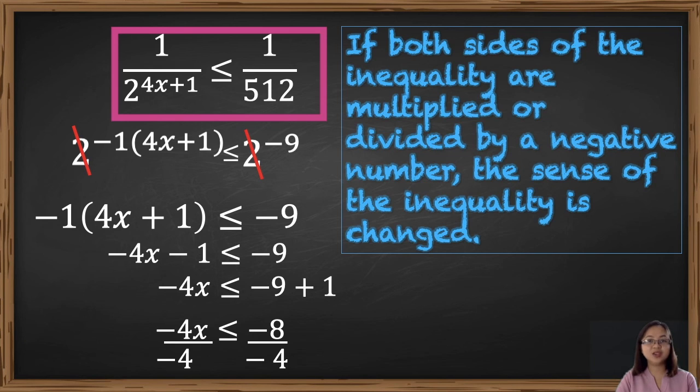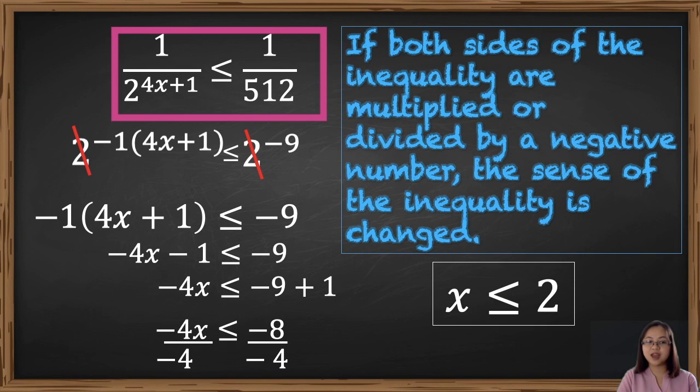A while ago, the sense of inequality was changed because we changed also the position. But this time, we divided by a negative number. Therefore, it will become opposite. Instead of writing x is less than or equal to 2, we could say that x is greater than or equal to 2.